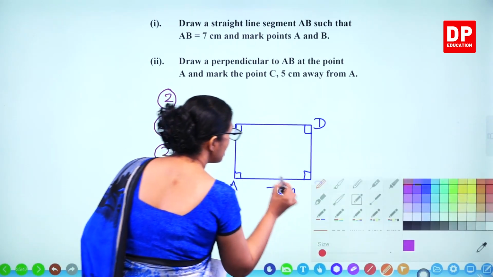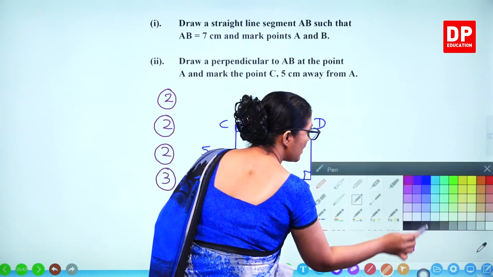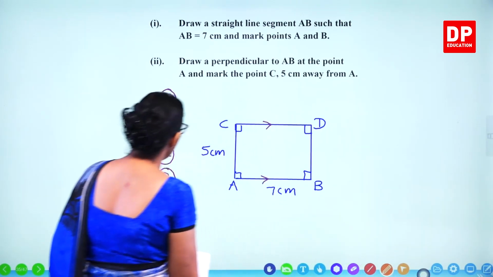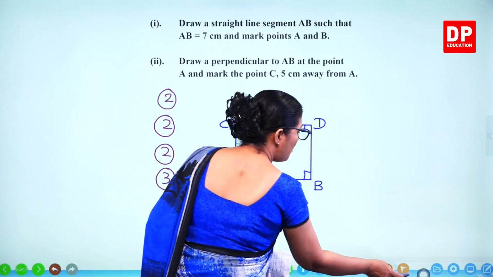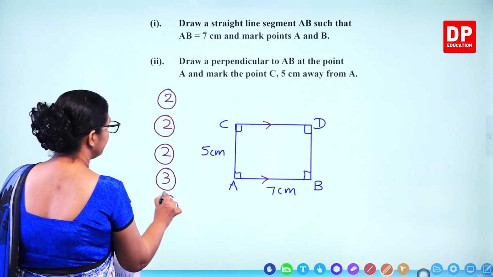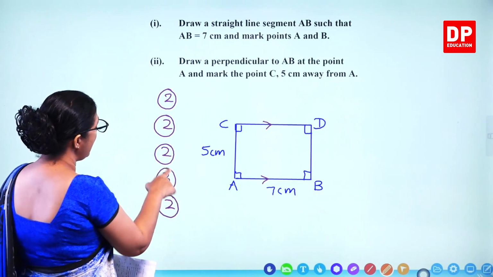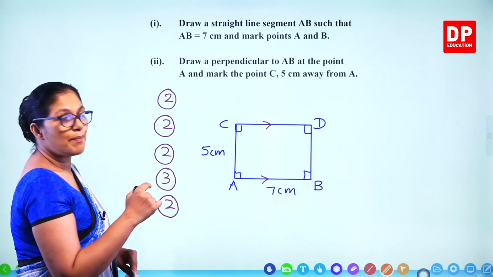So this line is parallel to this one. And then completing the rectangle, 2 marks. 8, 3, 11 marks.